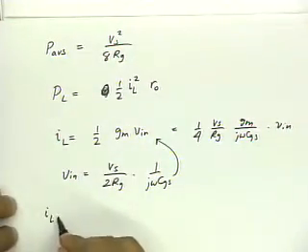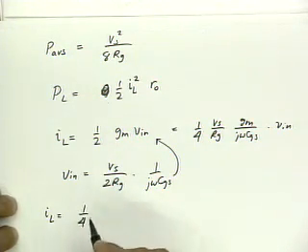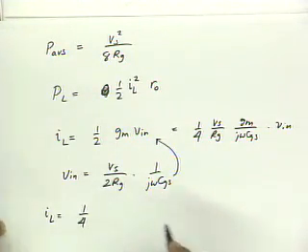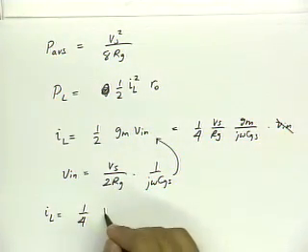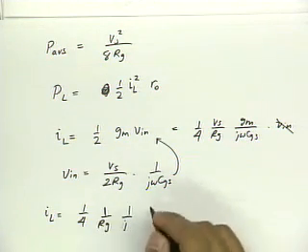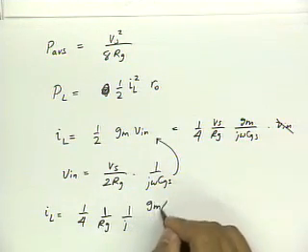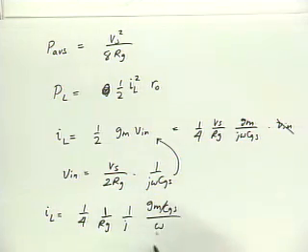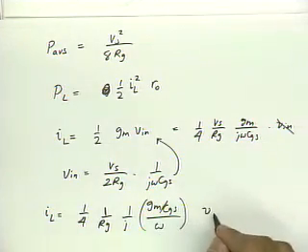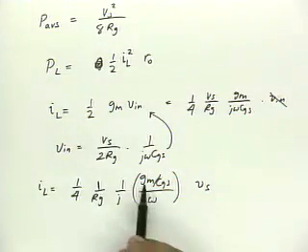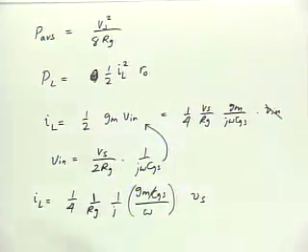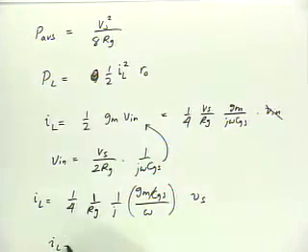And so the load current, I could write that as 1/4, 1 over Rg, 1 over j, gm over CGS over omega, times Vs. And of course we recognize gm over CGS to be the omega t of the device.